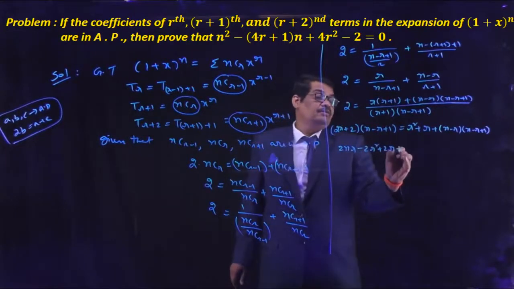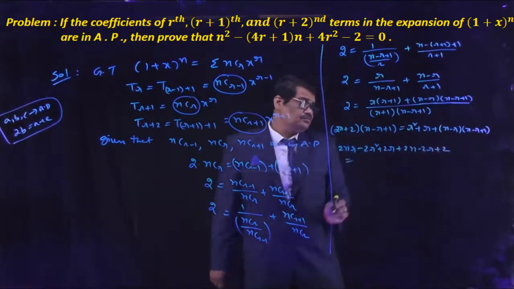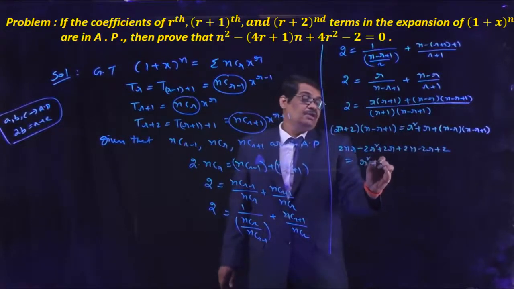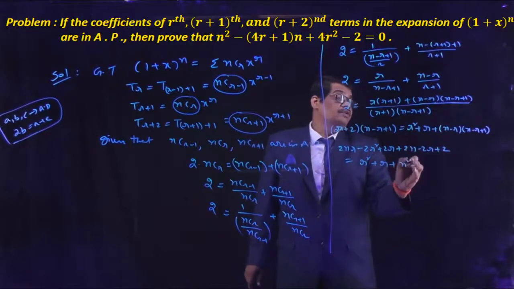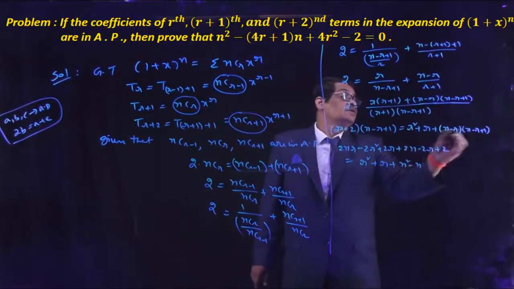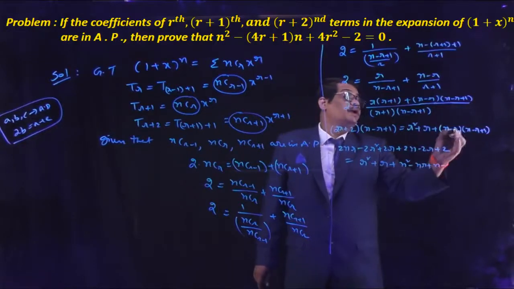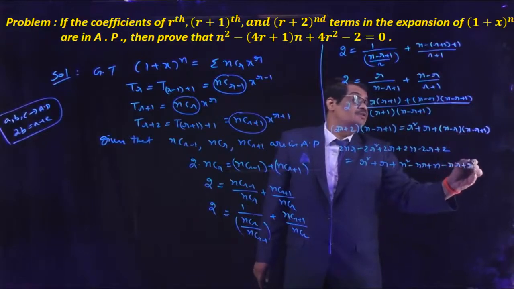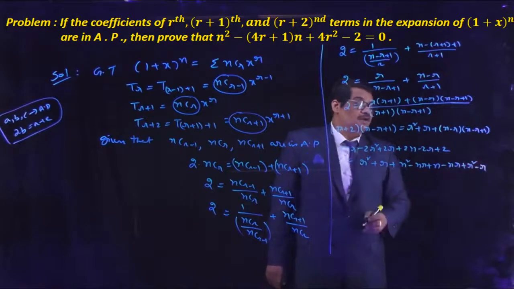Now multiplying by 2, that is 2n minus 2r plus 2 equals, on the RHS, r square plus r. We are multiplying these two terms: n with n is n square, minus nr, plus n, and multiplying by minus r: minus nr, minus of minus plus r square, and minus r into 1, that is minus r.